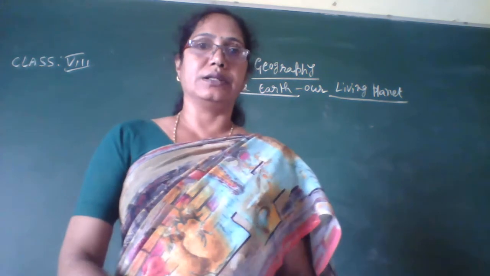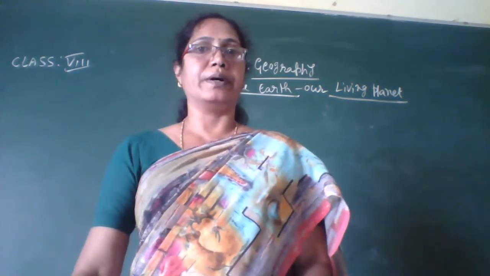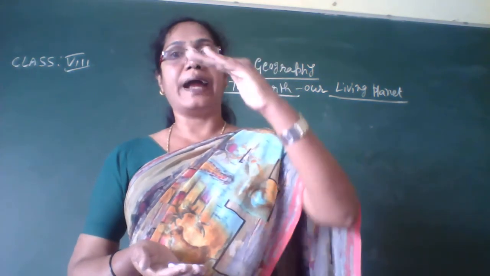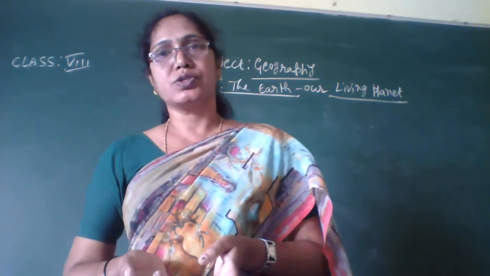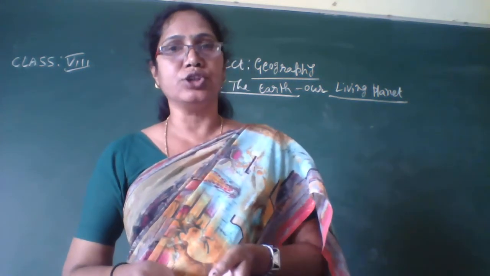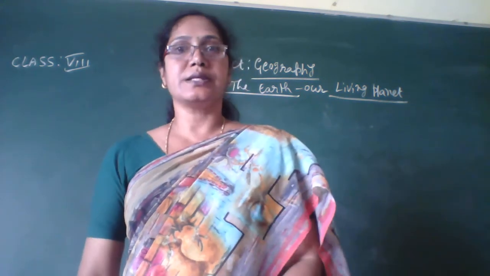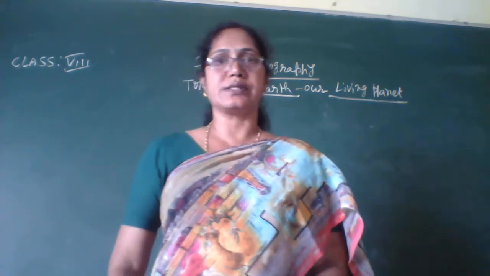The shape of the Earth is the geoid shape. At the poles it is flat and at the equator it has a bulge. So it is known as the geoid shape. Now the size of the Earth. Earth is the fifth largest planet in the solar system.